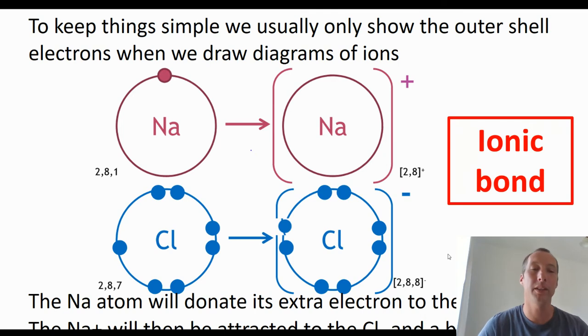Sodium is an element, chlorine is an element, okay? By exchanging the electrons and then bonding together, we've now formed a compound. And that compound can have very different properties from the elements that form it. Remember, sodium, very reactive, soft, shiny metal. Chlorine is actually quite a hazardous gas, but together they form a white crystal solid, common salt.